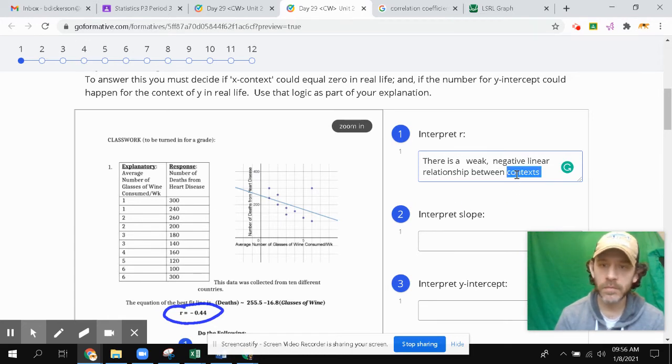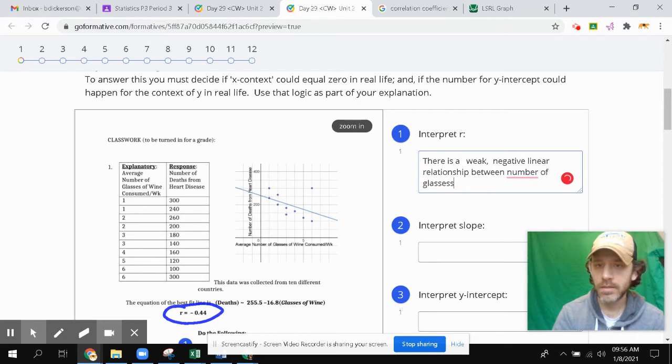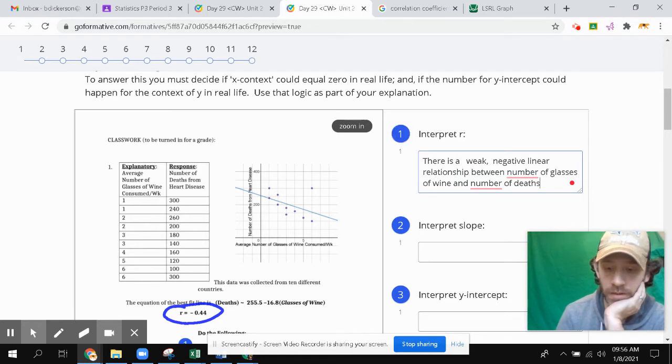Between number of glasses of wine and number of deaths. All right, we've got the idea down, we've got the context, everything is done for that.